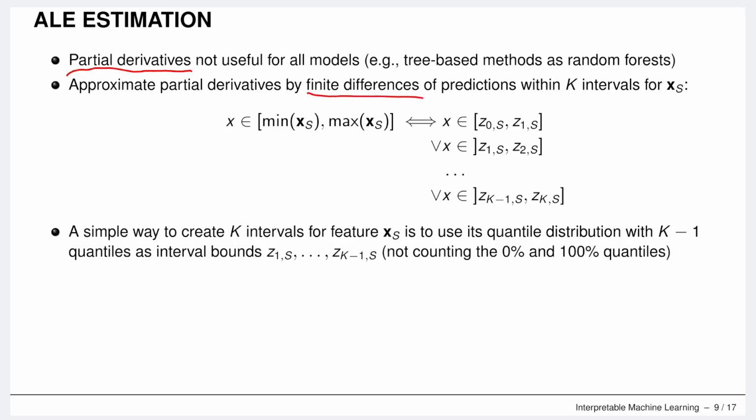Basically, the idea is to segment the range of values of the feature of interest into k intervals and to call the interval bounds z. If we start with the index 0, we will have in total k plus 1 z values here that are used to define intervals, where z_0 is the minimum value of the feature of interest and z_k is the maximum value. A simple way to create intervals is to use as interval bounds quantile values.